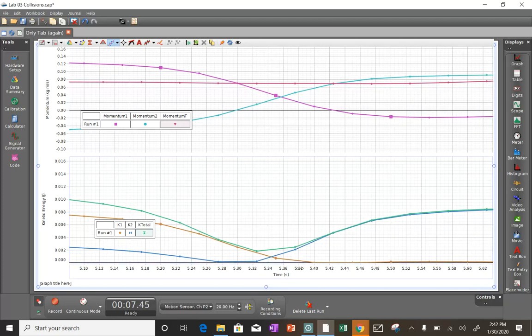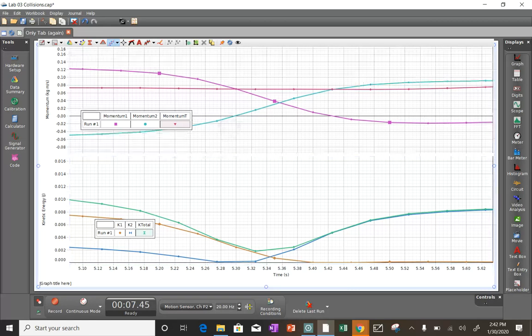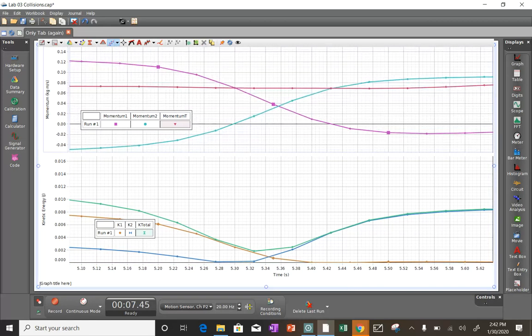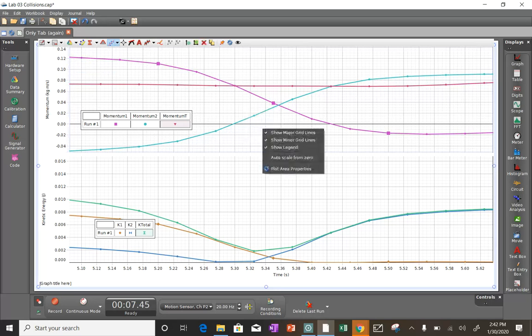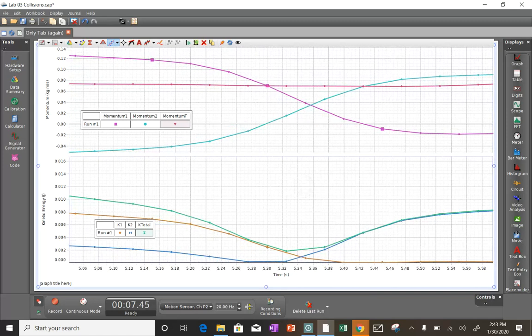Notice how much friction was changing my values before the collision. That's a little bit troubling, right? But that's just part of what's going on. Friction exists. So I need to go a little bit further. Yeah, that's good.